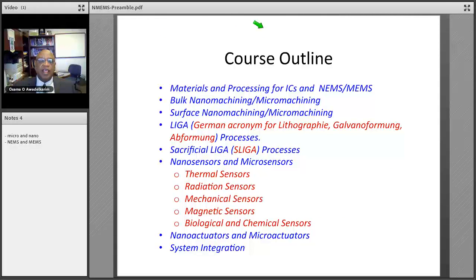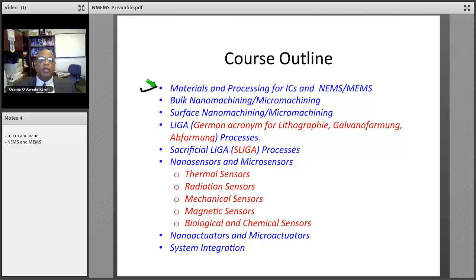So the last slide in this preamble is a slide that describes the course outline. This course will cover different topics over these 30 lectures or so. We will talk about materials that are important to NMEMS and MEMS, important to, of course, ICs. ICs is very much related to NMEMS and MEMS.